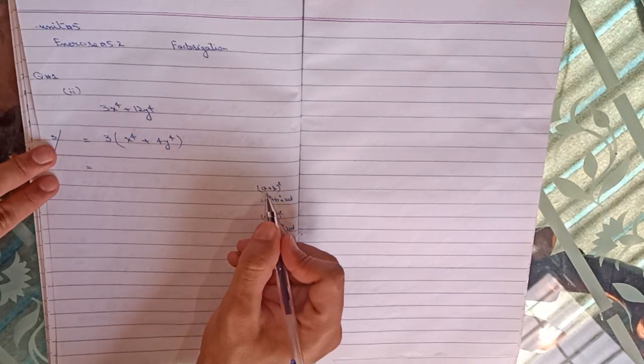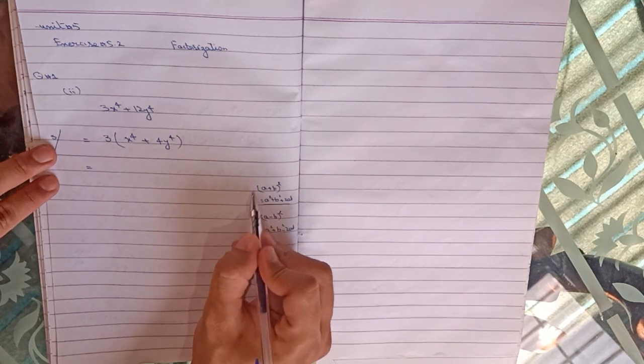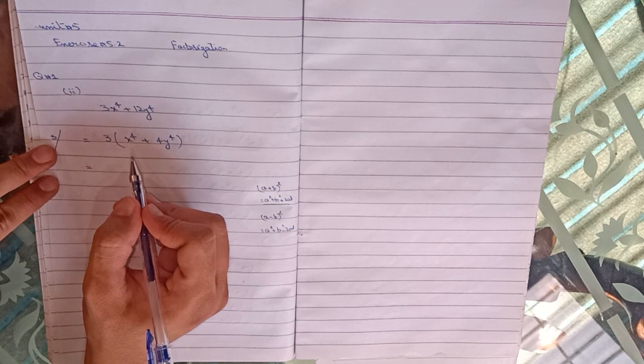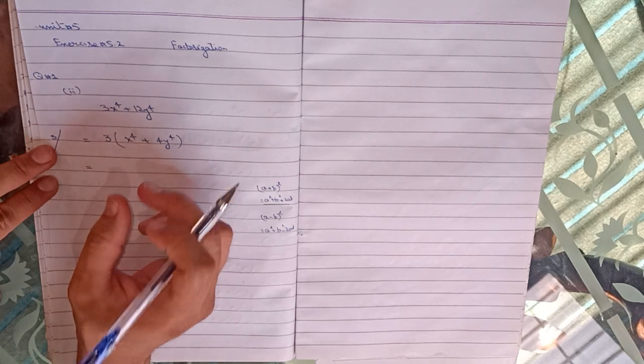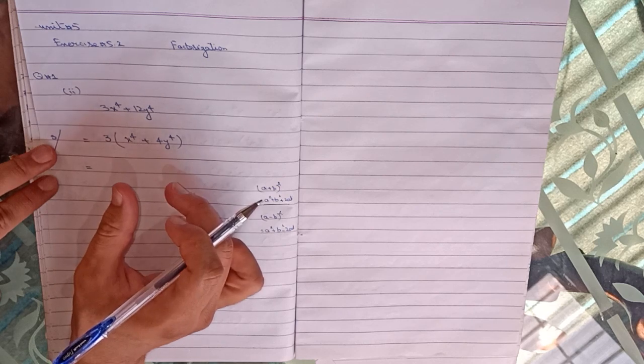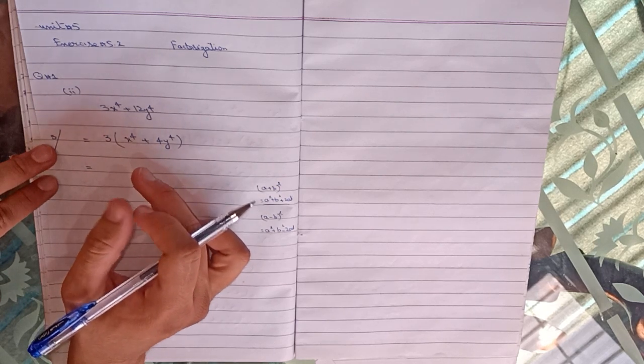Now to make this type of algebraic formula, to make this kind of expression and then close it, we need to add and subtract something. Here we have two terms, so we will generate a third term, and to generate the third term we have to add 2ab, and at the same time we will subtract 2ab.